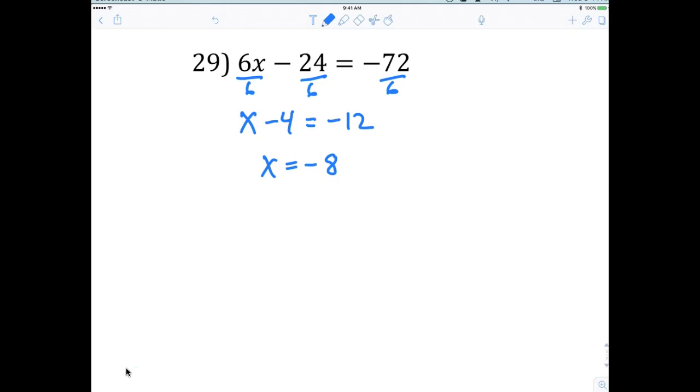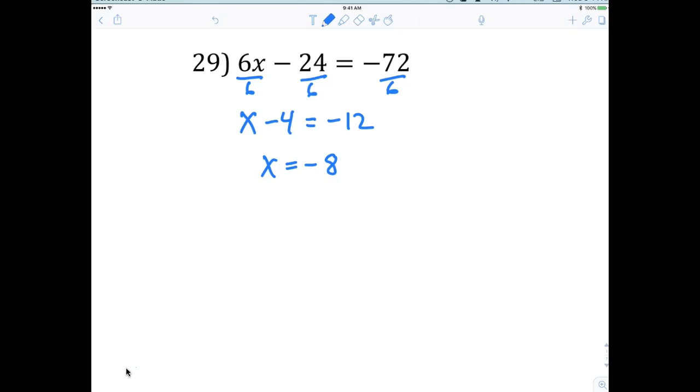Any questions with that? Now, of course, if you added 24 to both sides, it would just be negative 48, and then negative 48 divided by 6 is still negative 8. I just prefer working with smaller numbers. So I try to make things as small as possible whenever I can. Does everybody see that?